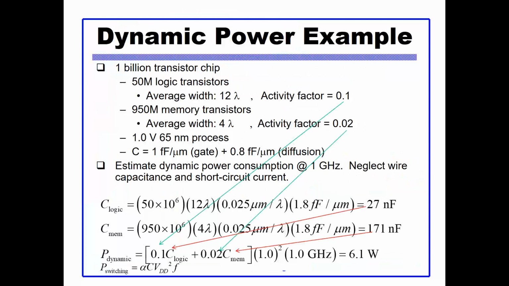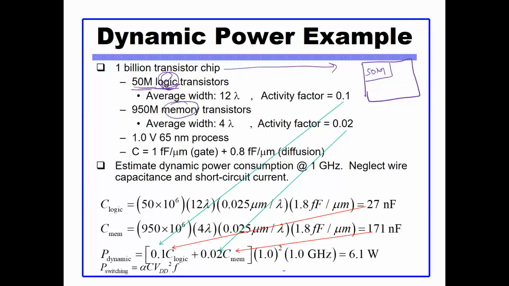Okay, so here I have a system of 1 billion transistors. So this is the system here. I have 50 million transistors here, and those are logic.